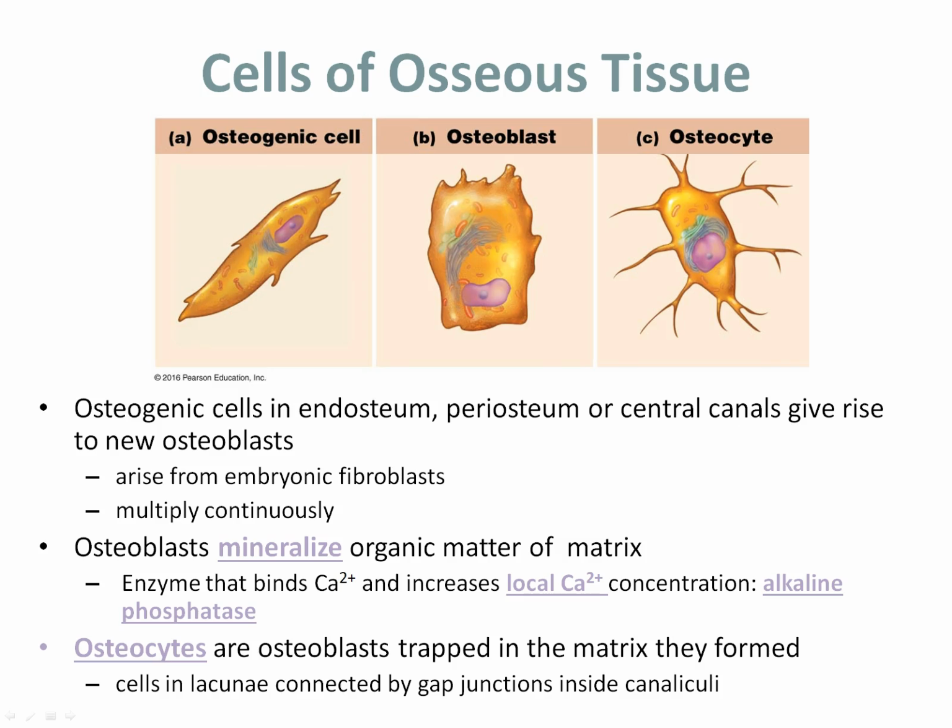Once osteoblasts have built the bone around them, they become osteocytes. You can remember this because the osteocyte is always at the same site. It doesn't move around. They're trapped in the matrix, and these cells in lacunae are connected by gap junctions inside canaliculi.